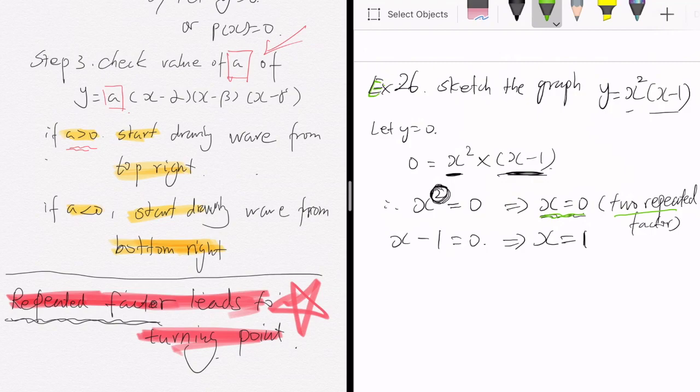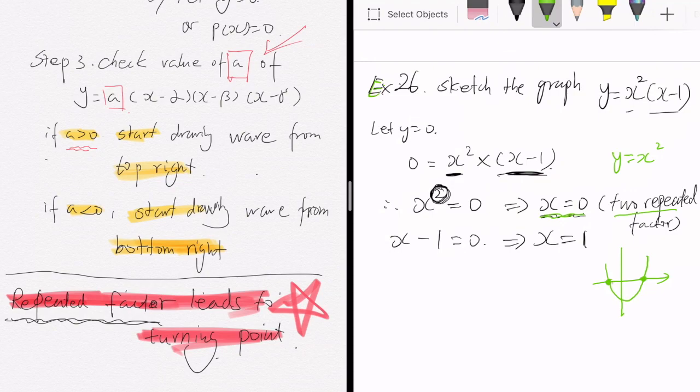Let's do this. If I draw a parabola, because we know y equal to x squared is a parabola, the x-intercept is my solution, because y is equal to 0.